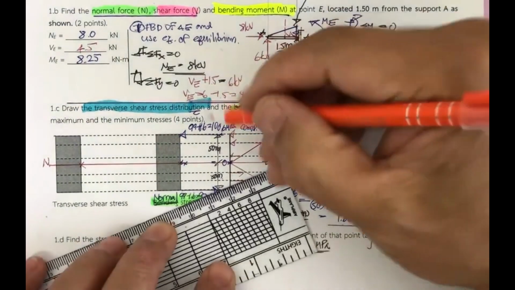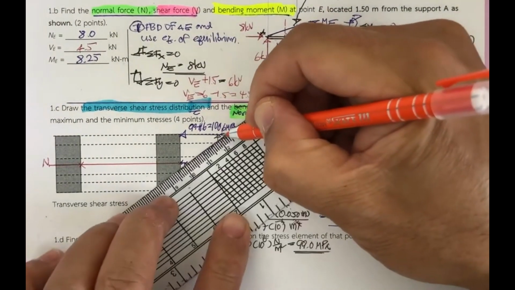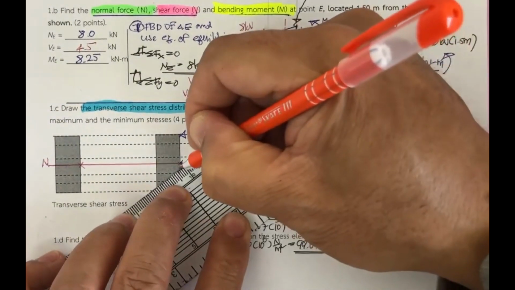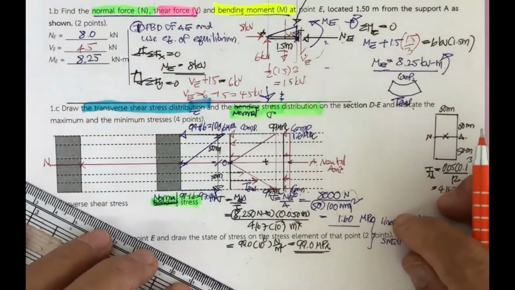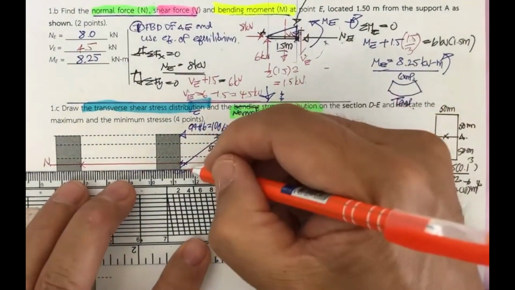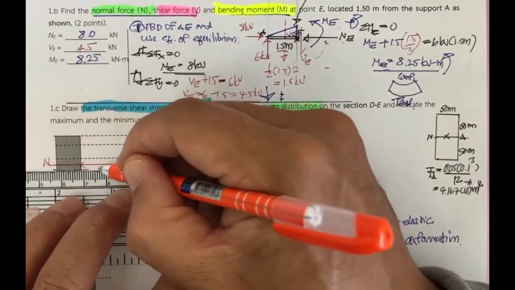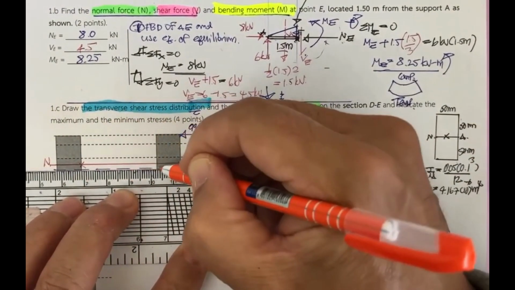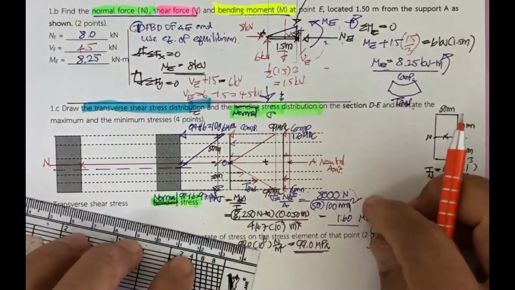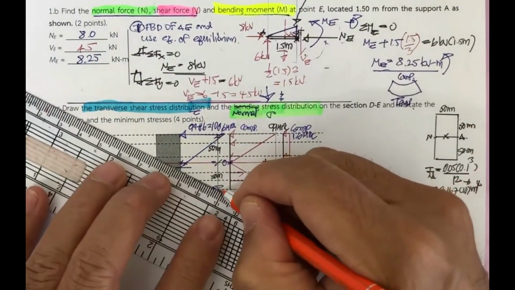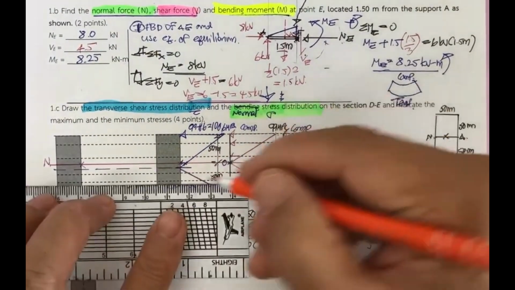By doing this, you can draw the triangle again. But this time, what we have is the neutral axis shifted from the red line to the dashed blue line, and this one is going to be the tension.